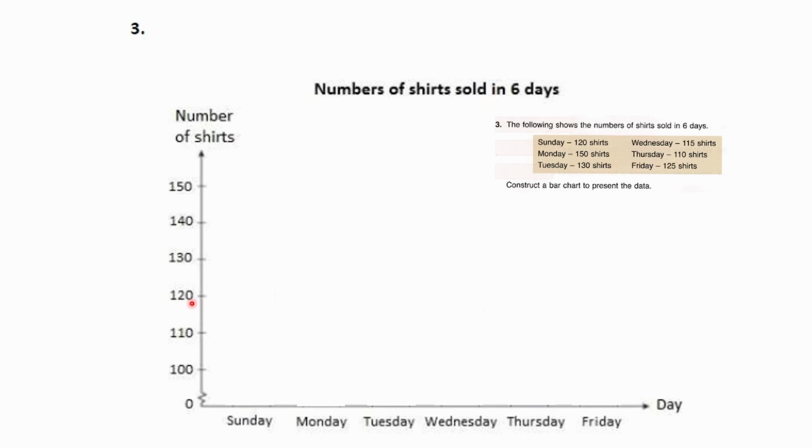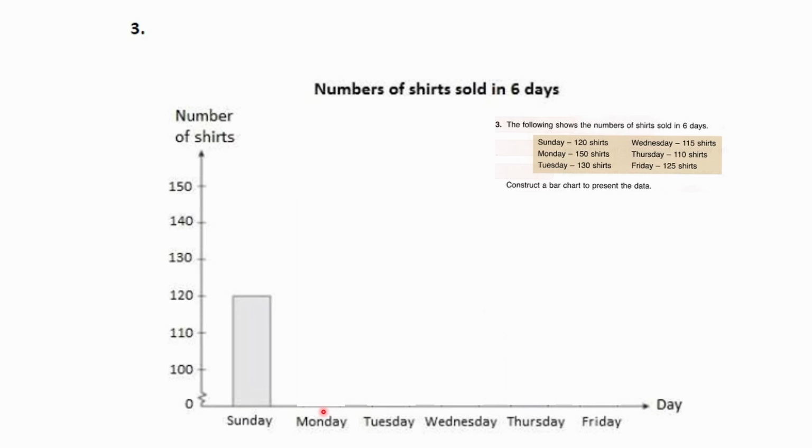So 120. Take your ruler and put it along here, and then draw a line. Now, again with your ruler, draw 2 straight lines going down to the bottom axis. And there we have our first bar.